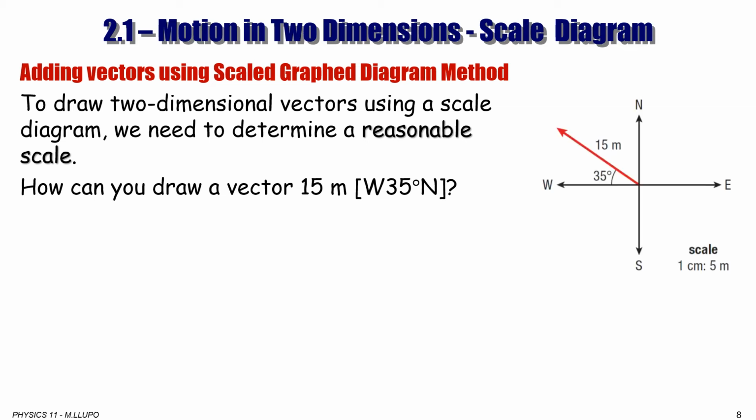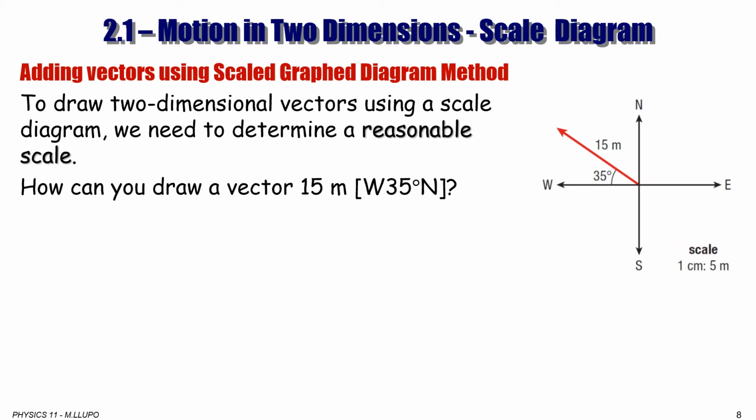For example, if you have 15 meters west 35 degrees north, you can use a scale of 1 centimeter for 5 meters. So you have to write it down.